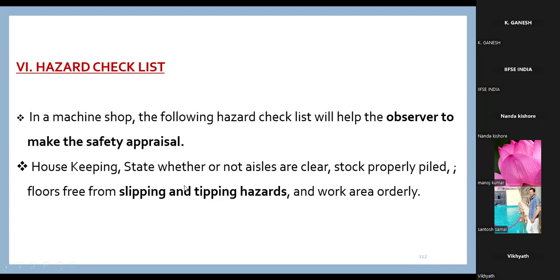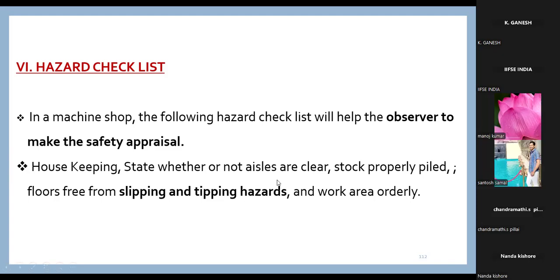So here, housekeeping state. Can you repeat, madam? See, safety appraisal? If you have different departments, isn't it? Like a maintenance department within a shed, then you have the production department, then the facilities department, stores, packing and handling.